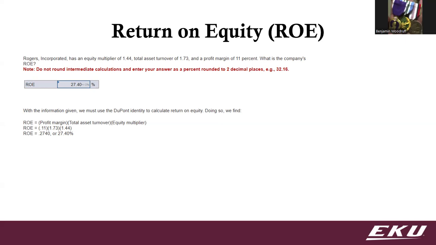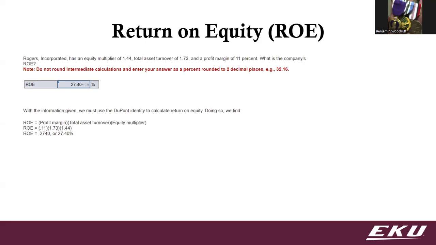The total asset turnover is how effective I am at taking the assets of the firm and turning that into sales, right? Do I have a lot of equipment that just sits there and doesn't actually make me a lot of money? Or am I turning over the assets very quickly? And a lot of this is industry dependent, right?